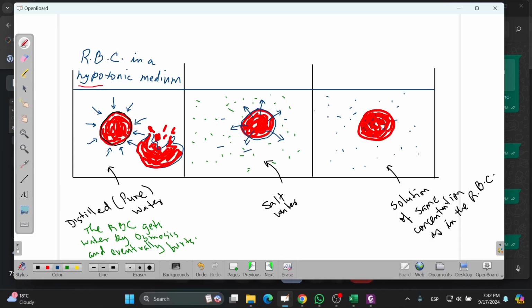And this cell will become dehydrated. So eventually, this cell will shrink like this, because of losing water.